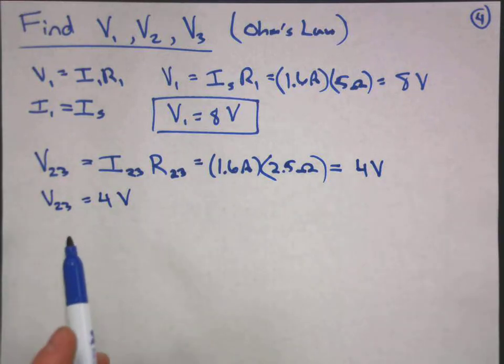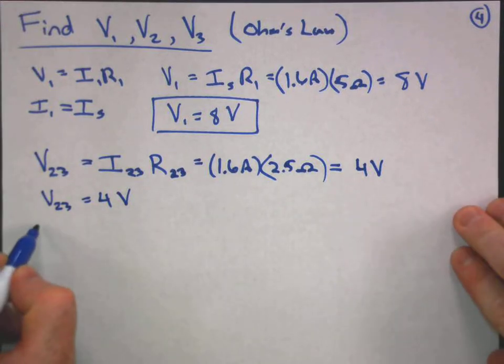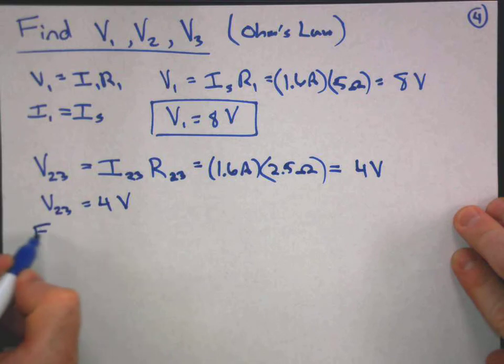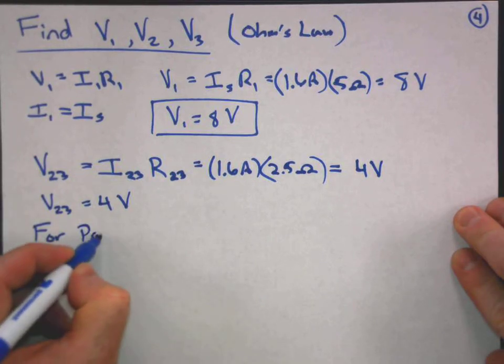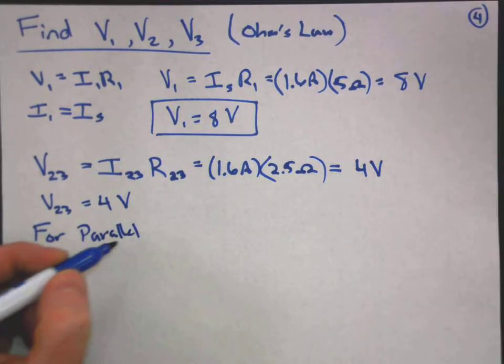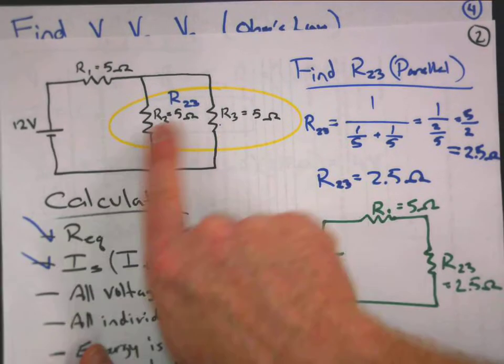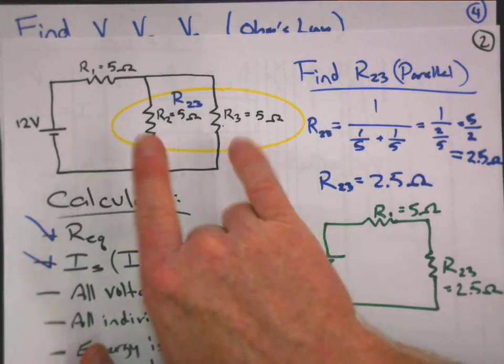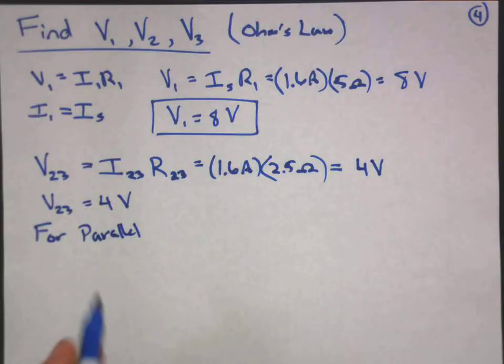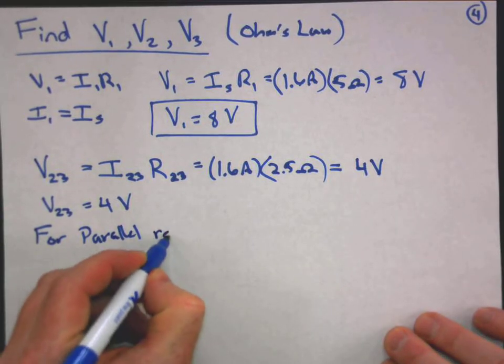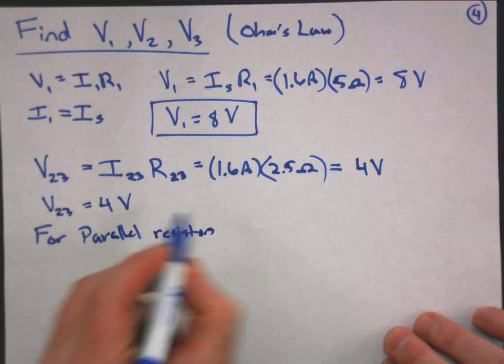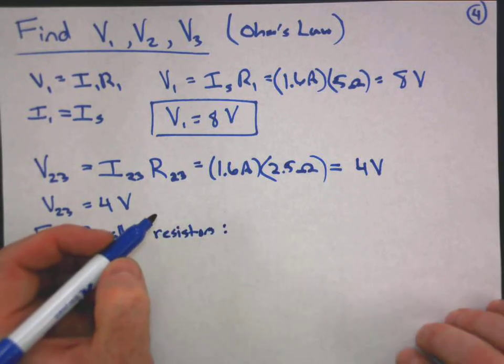However, what I know about parallel circuits: now I need to break up this R23 into 2 and 3, so those are in parallel with each other. So for parallel resistors, what do I know about voltages?